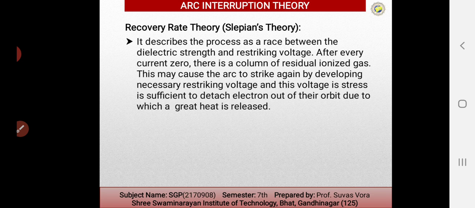After every current zero, there is a column of residual ionized gas, and this may cause the arc to strike again by developing the necessary restriking voltage. This voltage stress is sufficient to detach the electrons out of their orbits, due to which great heat is released.